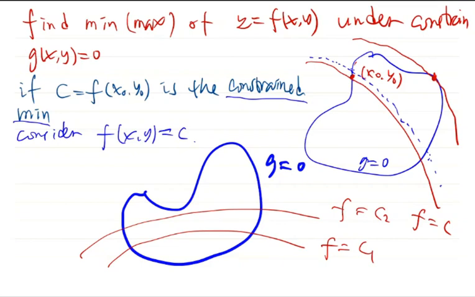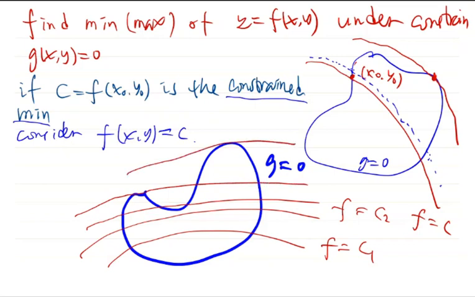Only when the curve f equal to c is tangent to g equal to 0, such a point can be the constraint minimizer or maximizer.